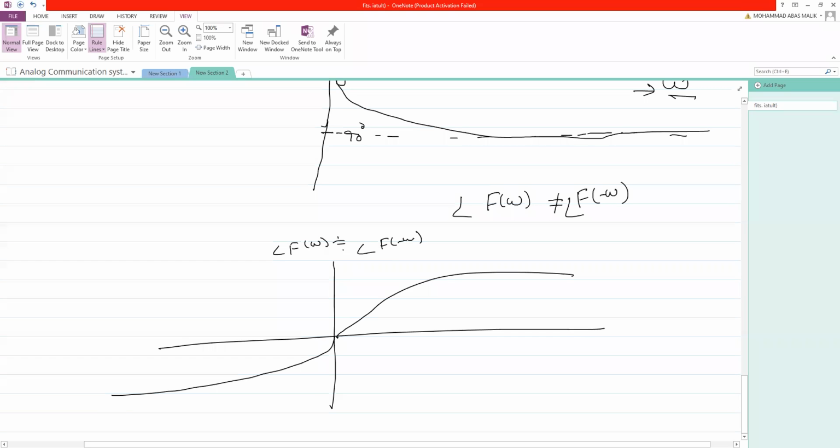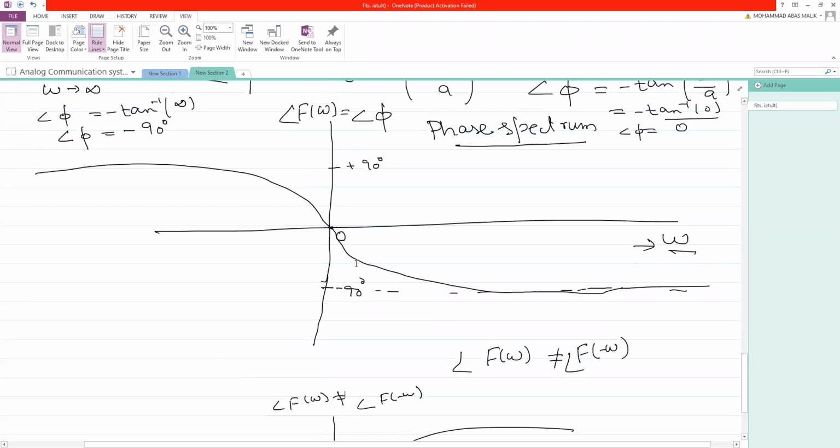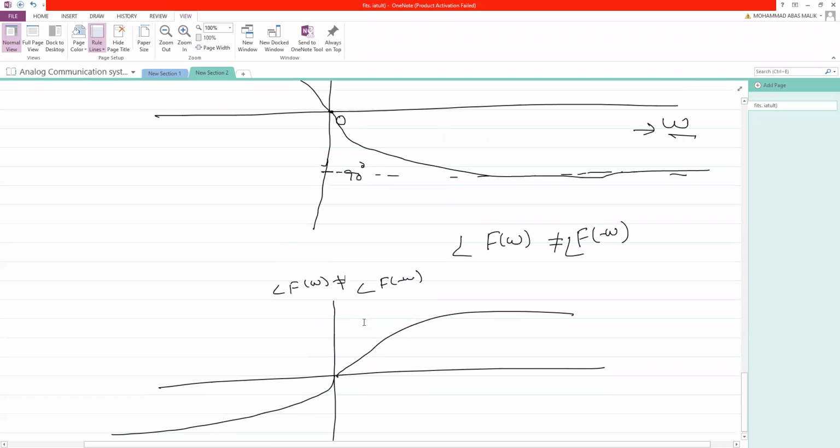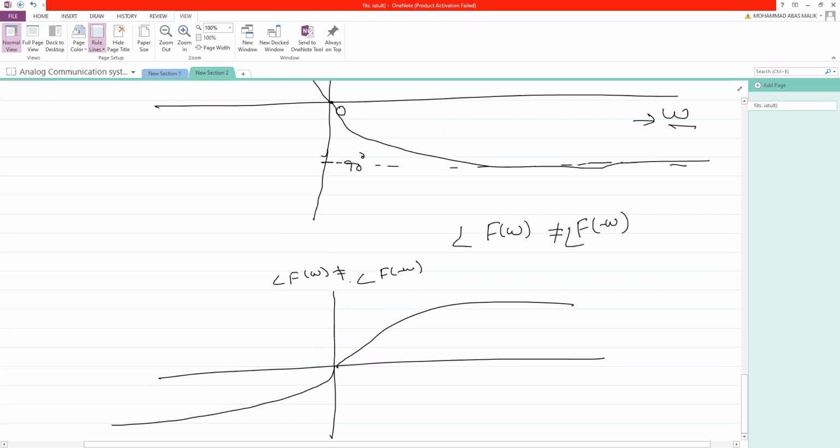Since angle F of omega is not equal to angle F of minus omega, you can conclude this is an odd function, because if you reverse this, you put angle F of omega, then angle F of minus omega, then you take minus angle of F of minus omega, then only you can say these two graphs are equal.